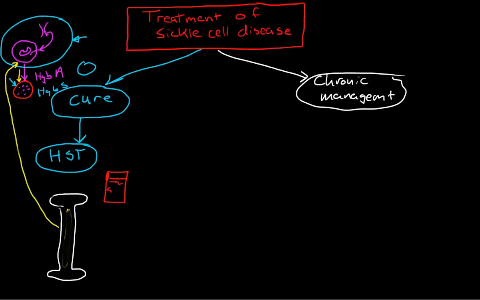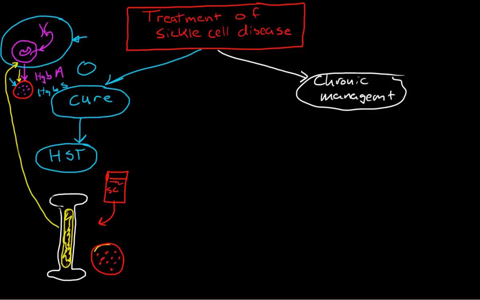So we take these stem cells and we insert them through an IV into the bloodstream of the sickle cell patient, and this allows new healthy marrow to grow, and this new healthy marrow has erythropoietic stem cells that create hemoglobin A instead of hemoglobin S. Okay, so we have new healthy erythrocytes with hemoglobin A.